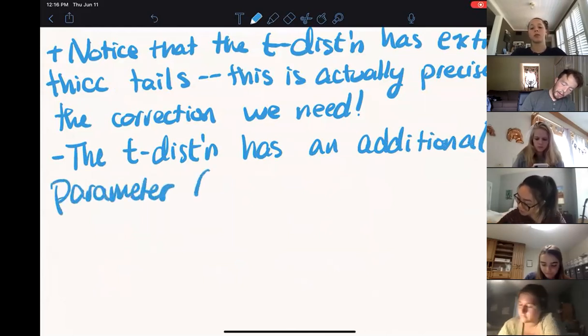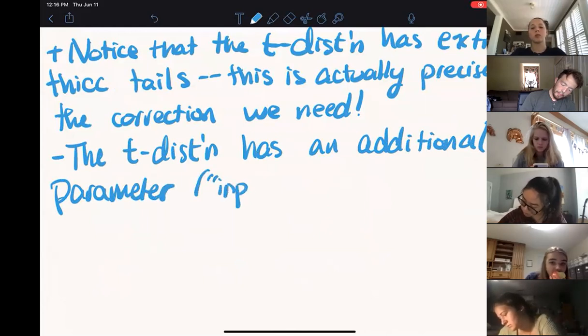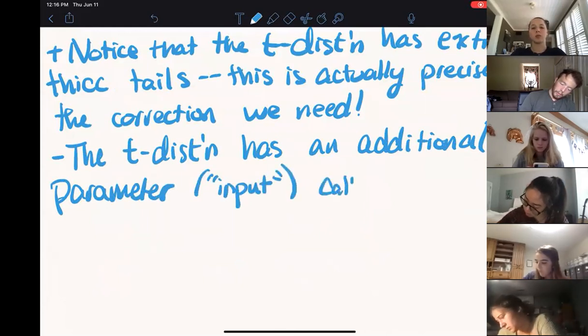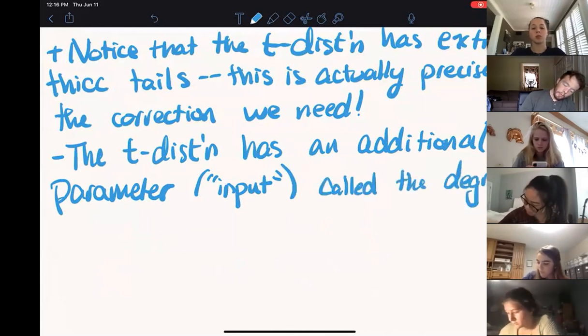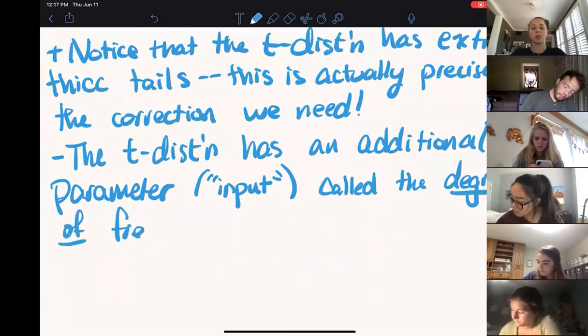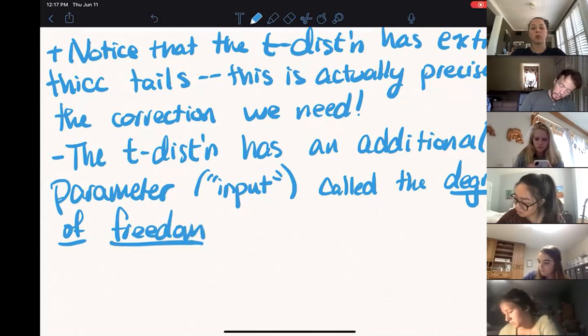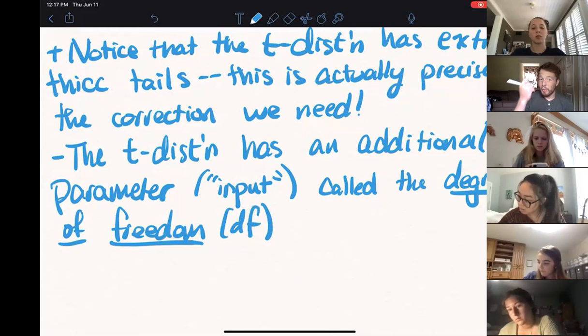And by this, I just mean another input, called the degrees of freedom, or df. So remember when we were working with the normal, we needed to know the mean, mu, and the standard deviation, sigma, right?